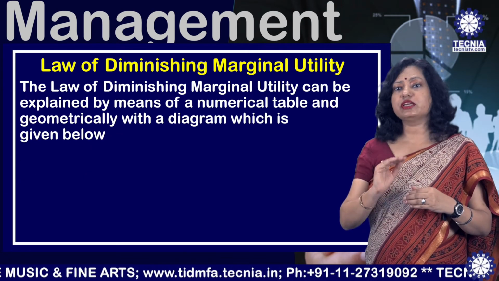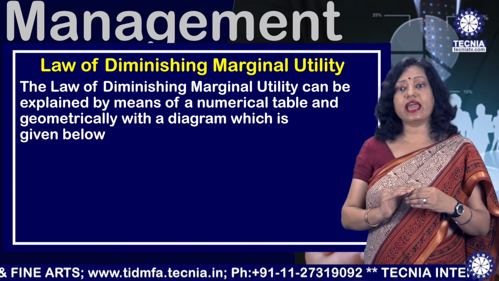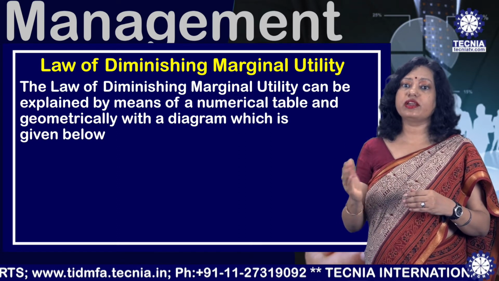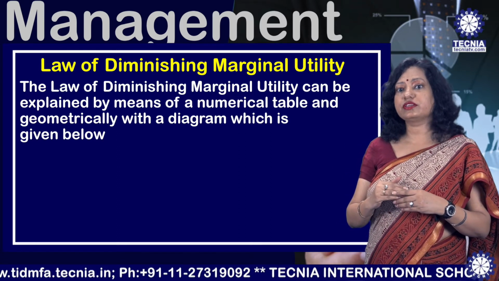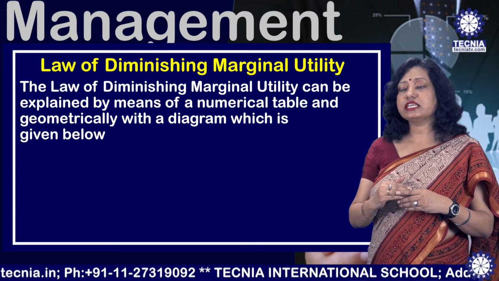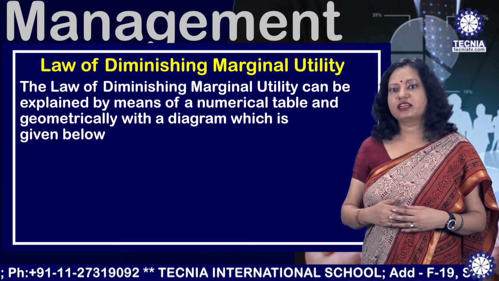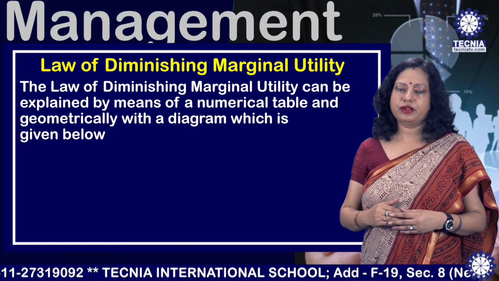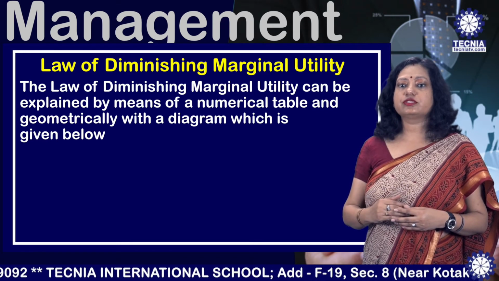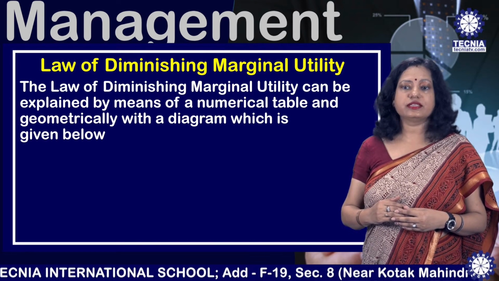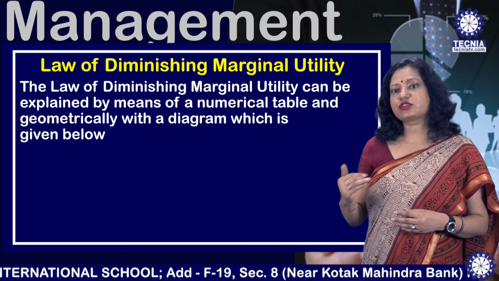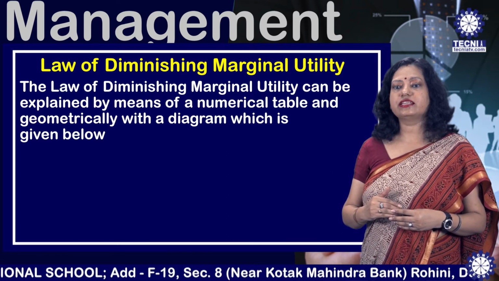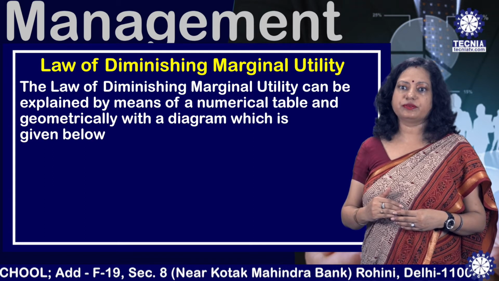The law of diminishing marginal utility can be explained by means of a numerical table and geometrically with a diagram, which is given below. In this table, in the first column, the units of goods which we consume are given, and in the next columns, total utility and marginal utility are given.